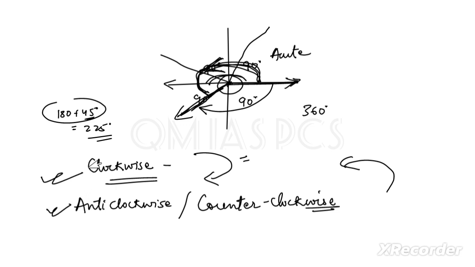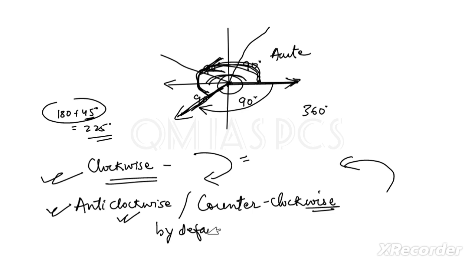Whenever it is not given, whether you have to follow clockwise or anti-clockwise based on the question, if the instruction is not given, it is better to follow this one by default.